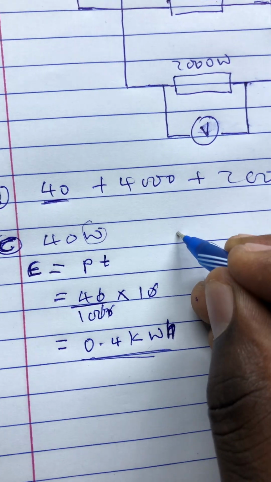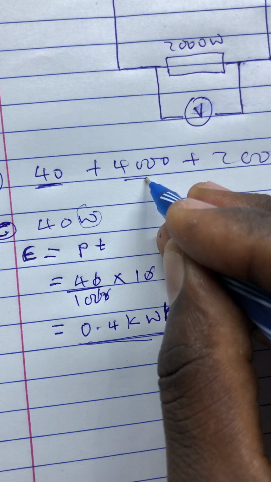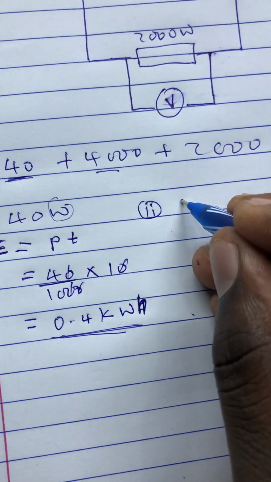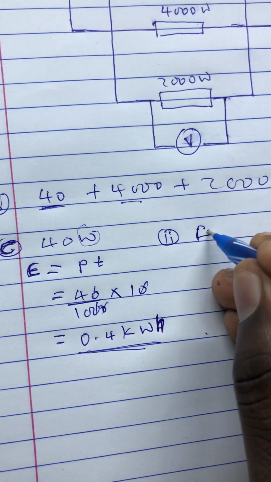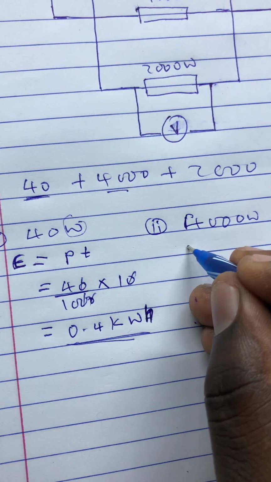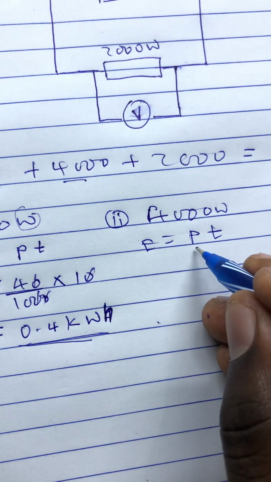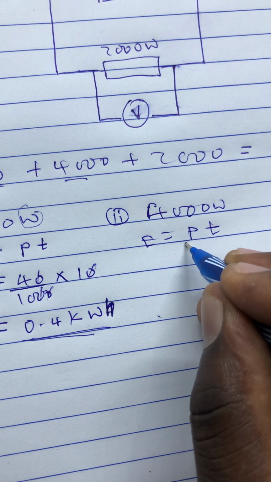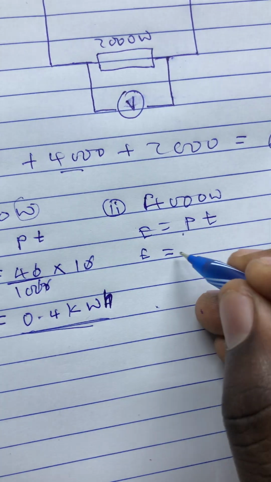Let's go to calculating the energy for this. This is the geyser, the water geyser. It was rated for 4,000 watt, and I'm going to use the same formula, energy is equal to power times time.